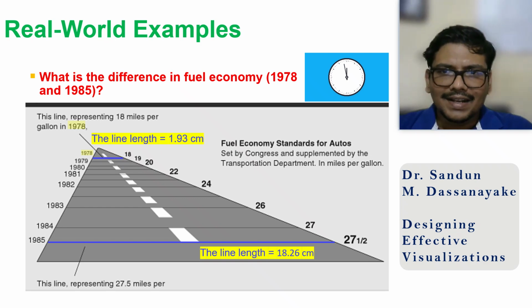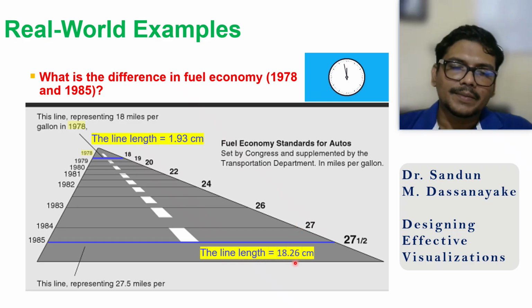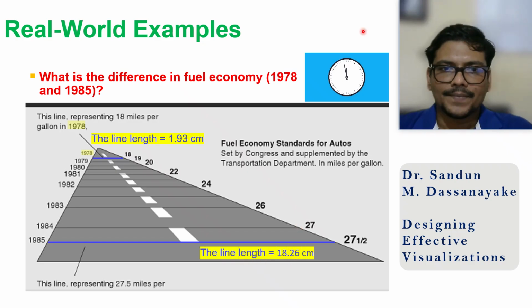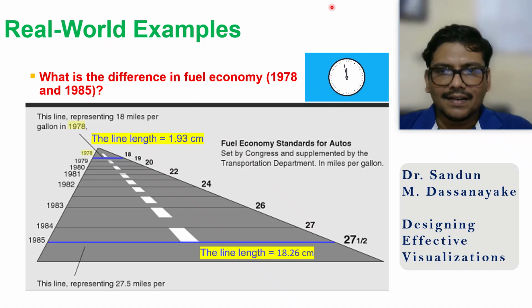The graphic line length is 1.93 centimeters for the earlier year and 18.26 centimeters for the later year. Before we do any maths, does this look like an honest one-to-one representation of the change in fuel economy? Or does it already look exaggerated?